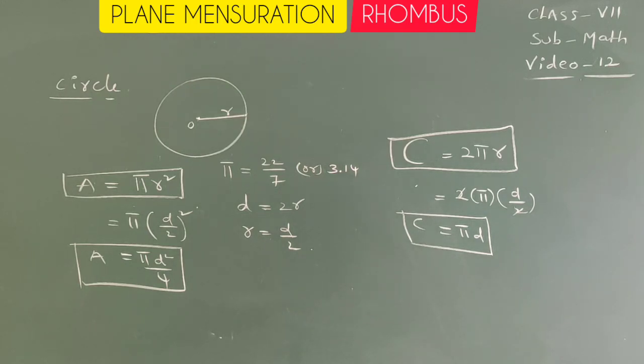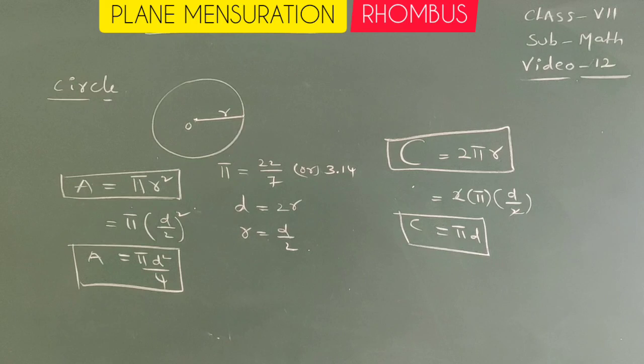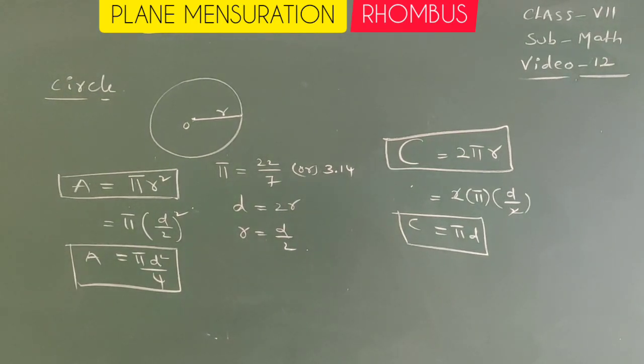So here, the main thing is, it's a curved figure. At the time of polygons, I explained what are curvilinear figures, what are rectilinear figures. Circle is a curvilinear figure, but it is a plane figure.